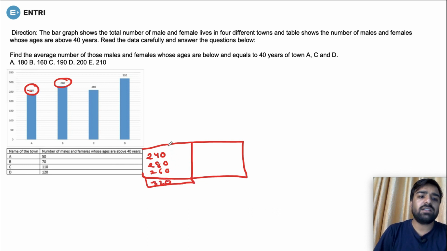Now, what would be the number of people who are less than 40 years of age? These are the total number of people, and these are those whose age is above 40.